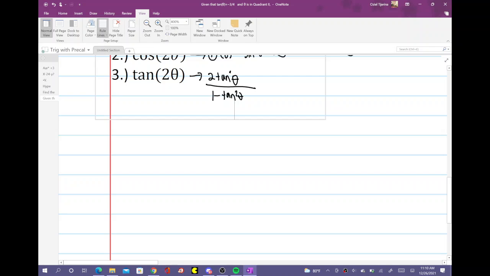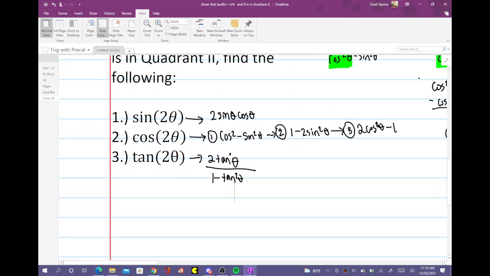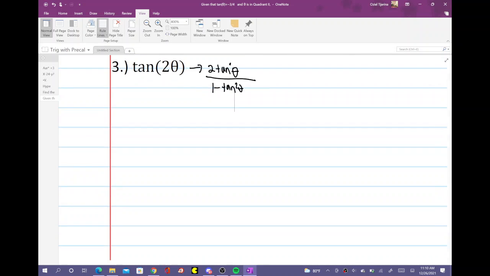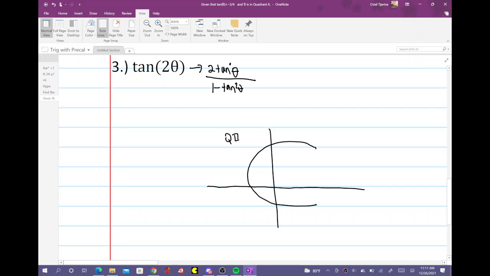Now, one of the things we have to know is that for tan of theta, it says that theta is in quadrant 2, right? So this is quadrant 2. The way I know that is because if you form a big C, this is quadrant 1, quadrant 2, quadrant 3, you go all around like this, and then quadrant 4, right?